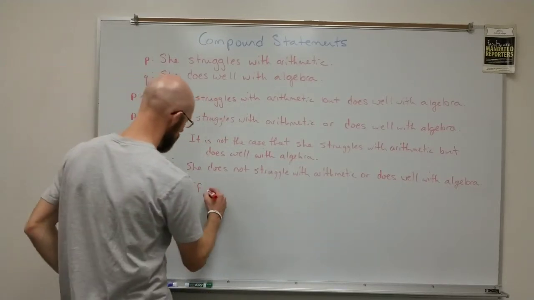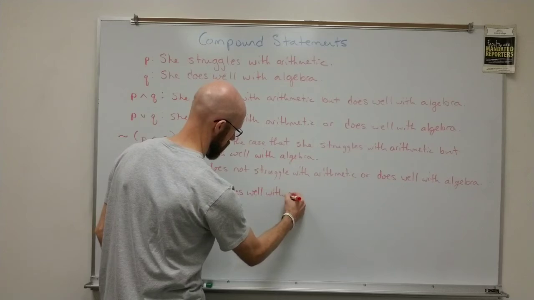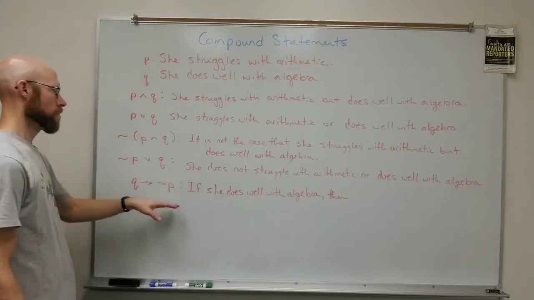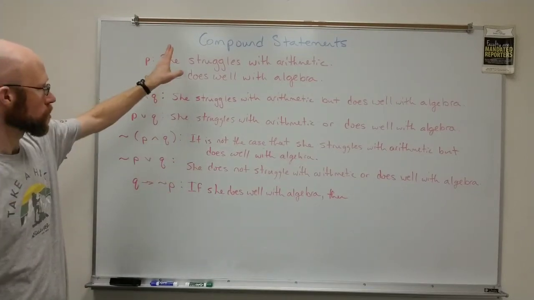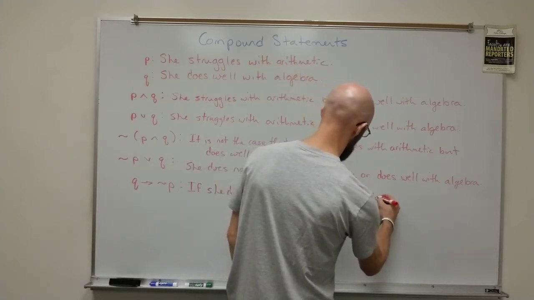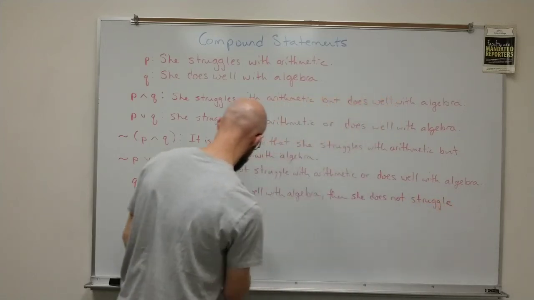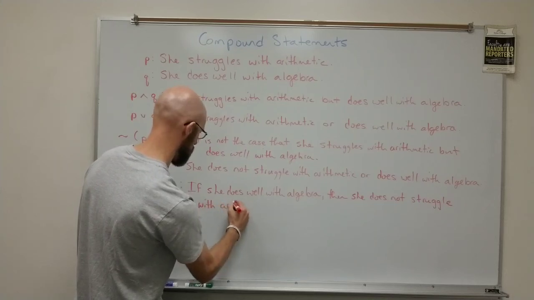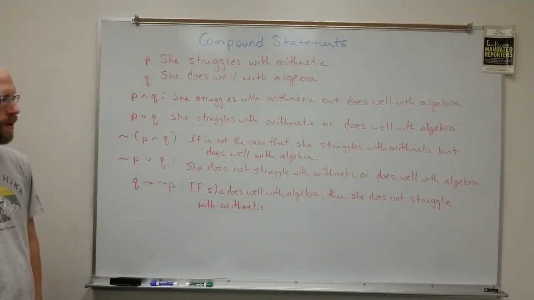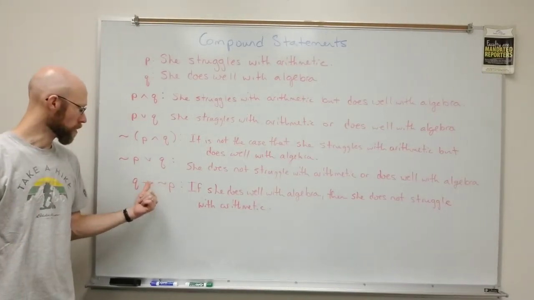If she does well with algebra, then, there's my conditional, if then, if she does well with algebra, then not P, then she does not struggle with arithmetic. Okay? So if she does well with algebra, then she does not struggle with arithmetic. That would be the conditional statement Q implies not P.